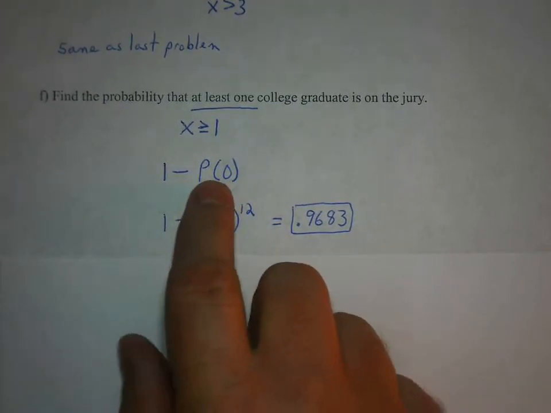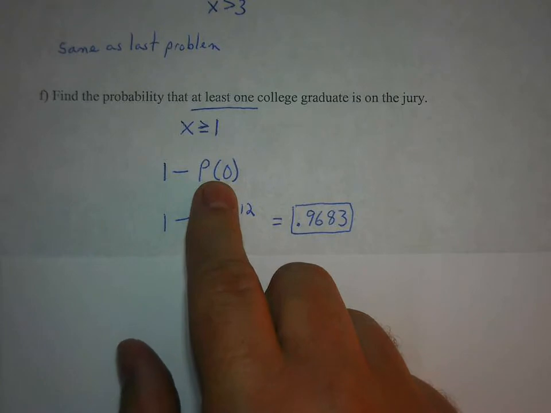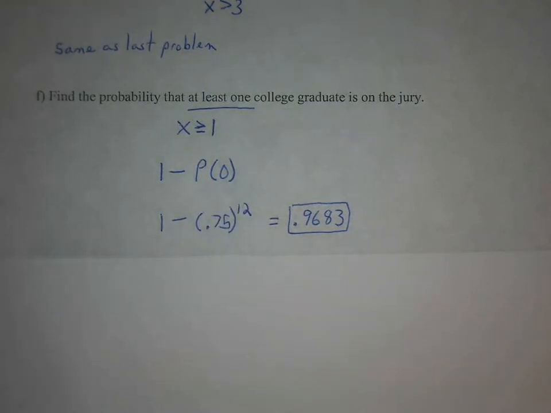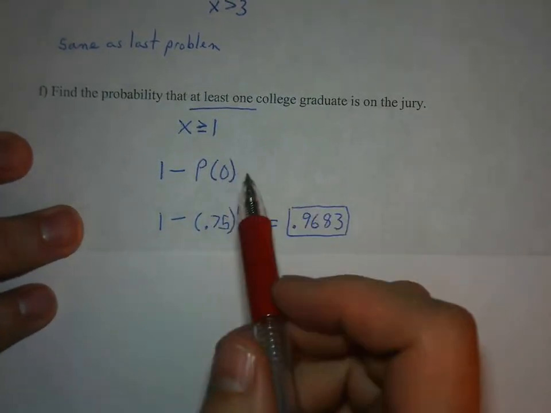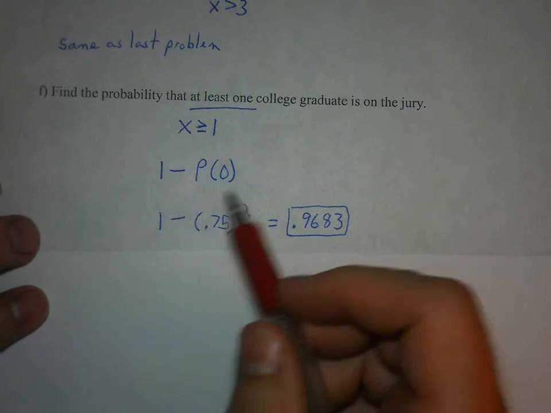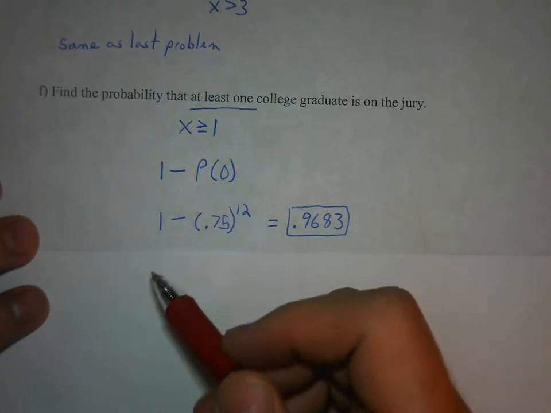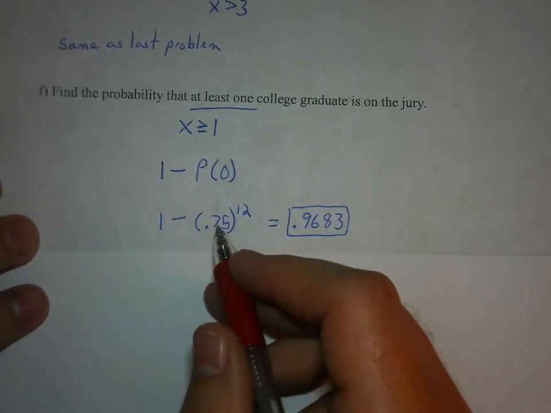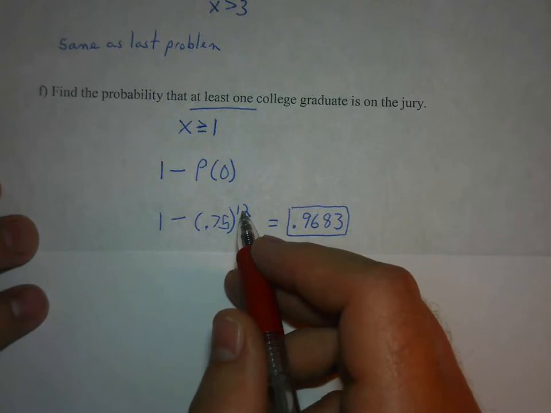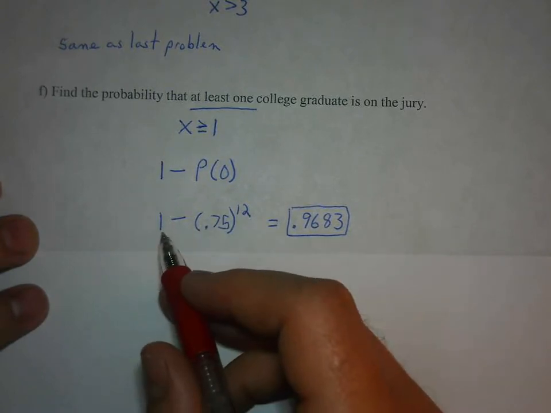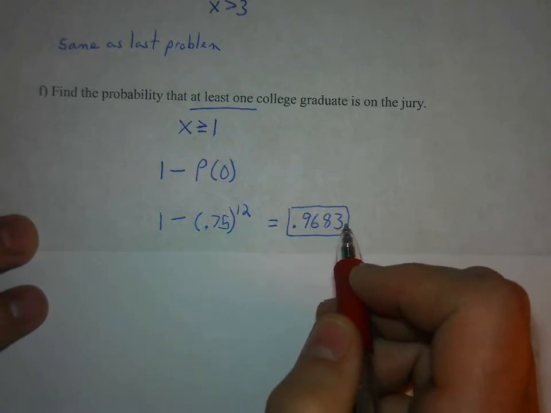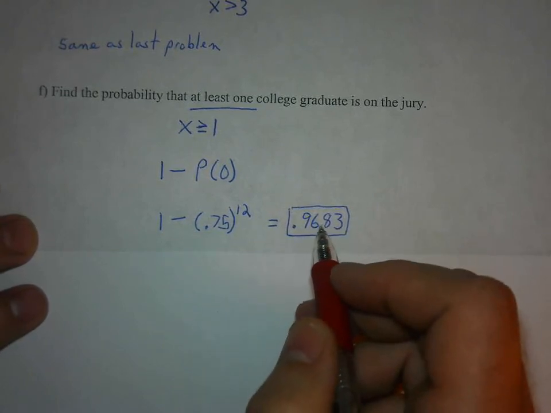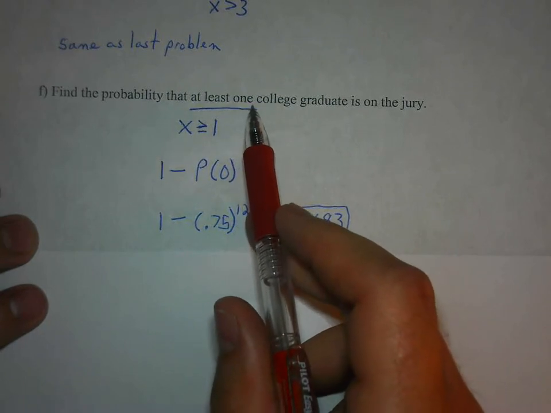Now, the probability of exactly 0, you can just use the multiplication rule. You could also use binomial. If you use the binomial for that, you could plug in 0 successes and 12 failures, which is really just 0.75 to the 12th. So when you do the complement, 1 minus that, will give you 0.9683. So there's almost a 97% chance that there'd be at least 1 college graduate on the jury.